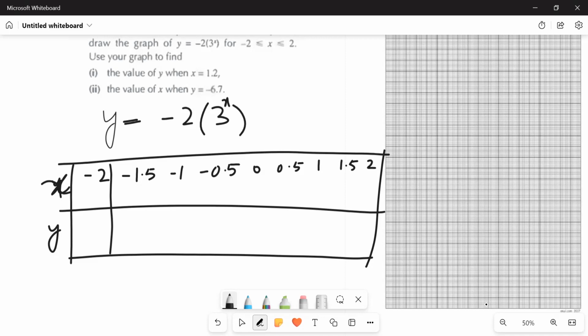We can do one thing, that is, if I'm writing the function 3 power x, then -2 to 2 and 0.5 is the difference, it will give the value.